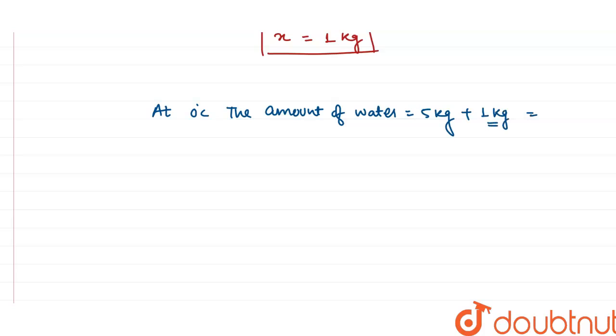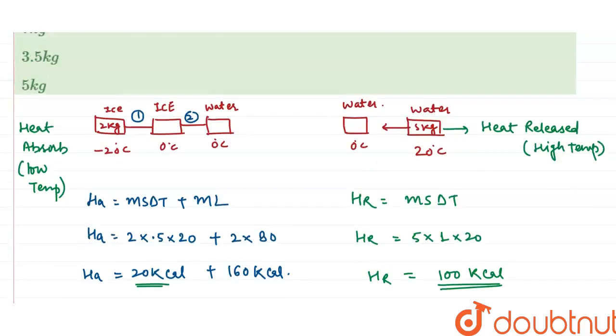That means at 0 degree centigrade we have 6 kilogram of water. Similarly, the amount of ice at 0 degree centigrade: at first ice is 2 kilogram, and out of 2, 1 kilogram is converted into water, so the remaining is 1 kilogram. At 0 degree centigrade we have 1 kilogram ice and 6 kilogram of water.